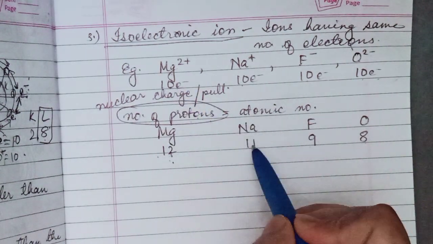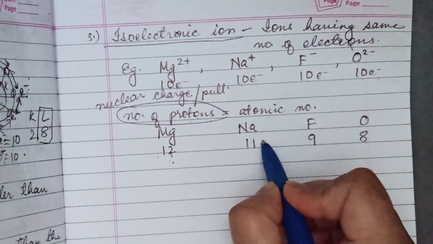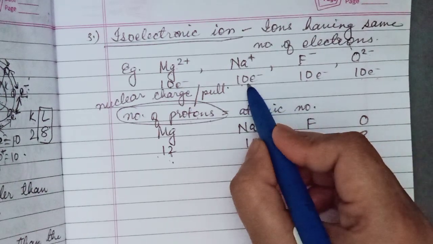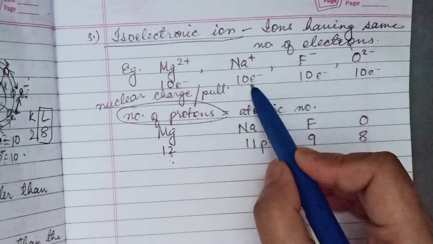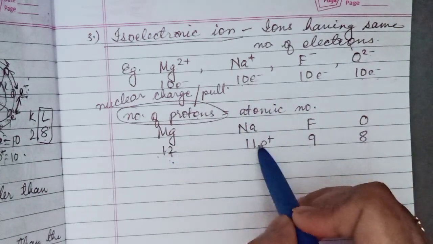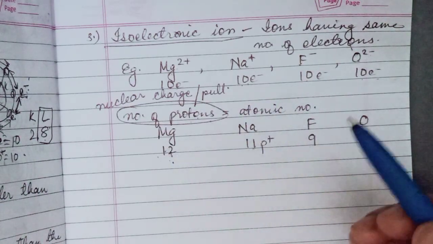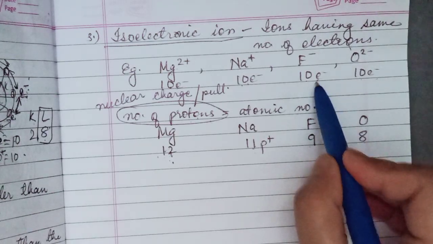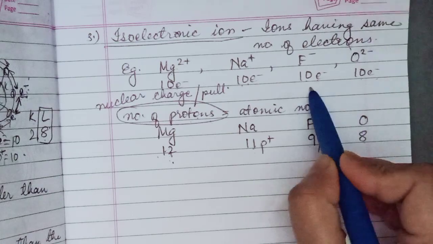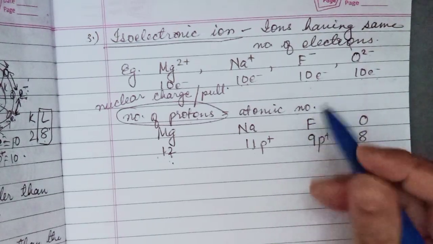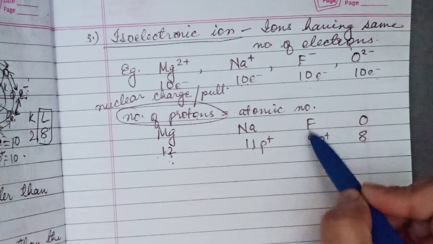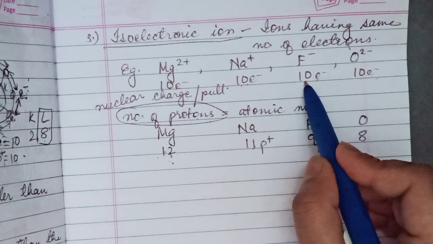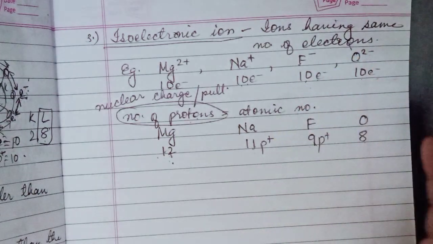Here 11 protons have to pull 10 electrons only, so compared to magnesium, the size of sodium will be more. Fluorine has 9 protons to pull 10 electrons, so the nuclear charge is less and the number of electrons is more, so the size will be more.